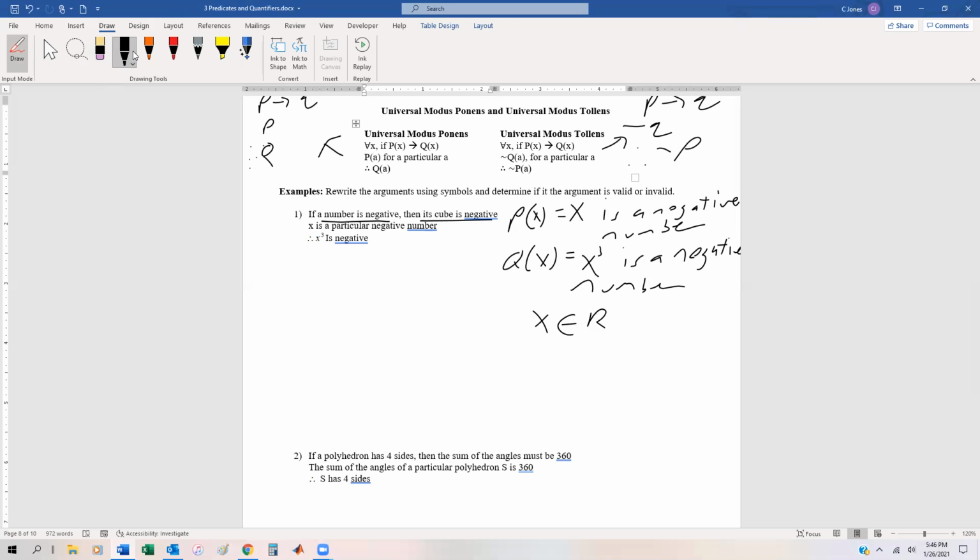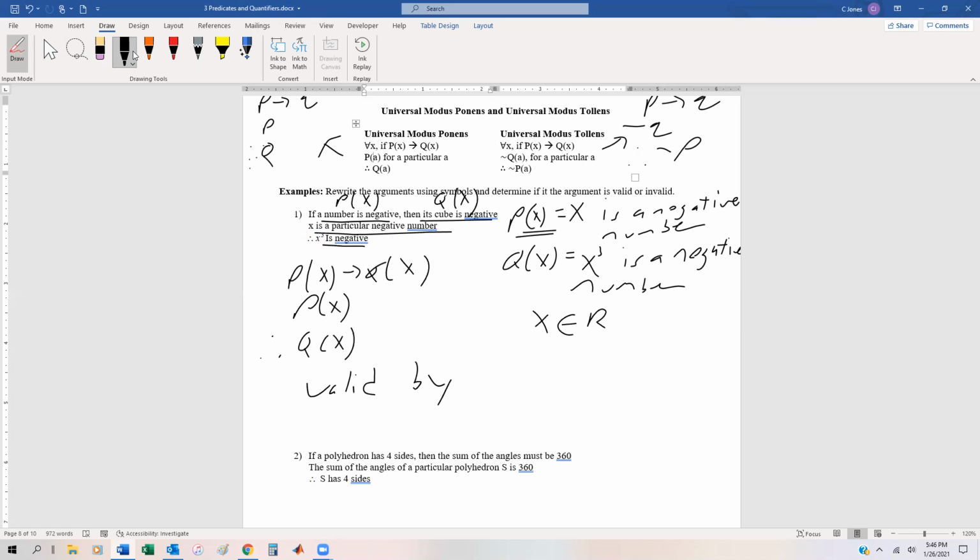And so here's what we can do. We could say this is P of X and this is Q of X. So we have P of X implies Q of X. X is a particular negative number, so that would be P of X. X is a negative number, and therefore X cubed is negative, therefore Q of X. And what we would say is that given all of this, this is valid by universal modus ponens.